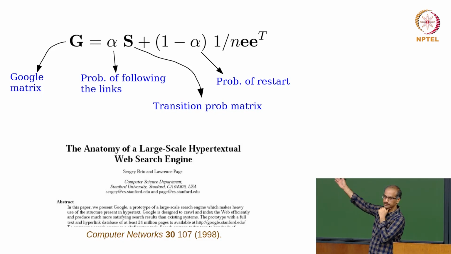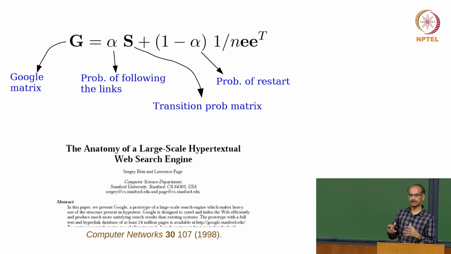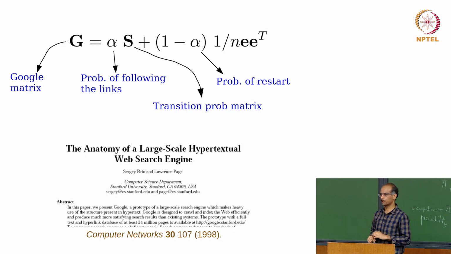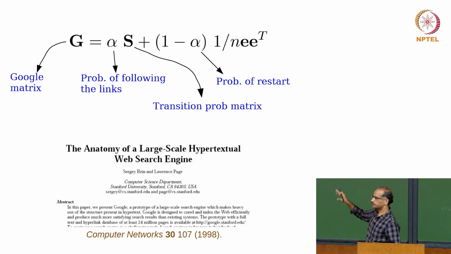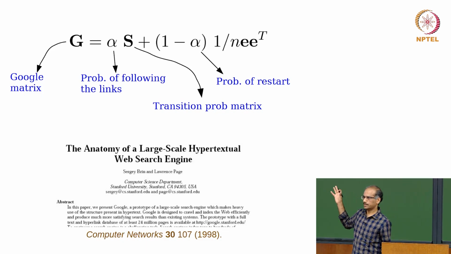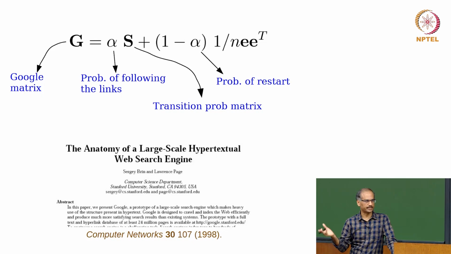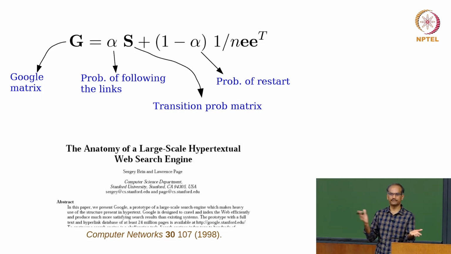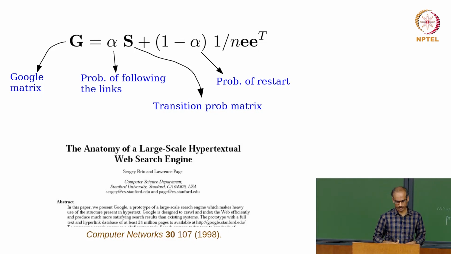So in fact, it's very simple to simulate. There are already many programs out there, but even you can write your own program to do this. Either you write it as a transition probability matrix and find the eigenvalues and eigenvectors, or you treat it as a random walk problem and do it. Either way, you will get the same result.